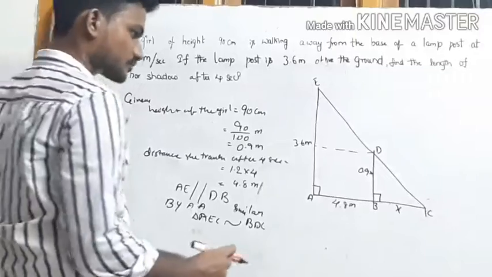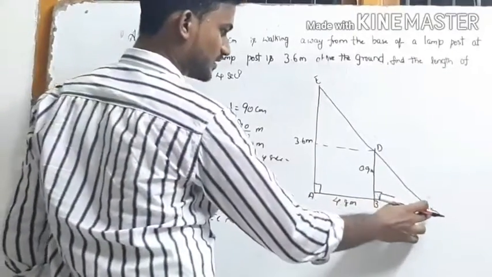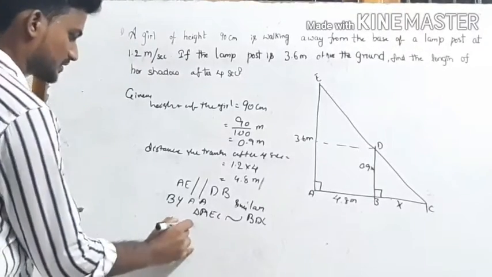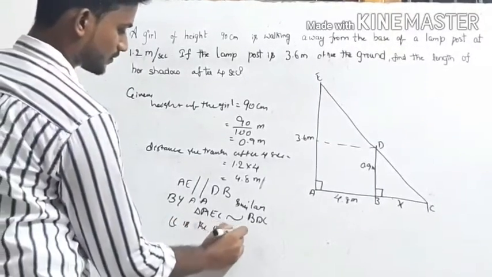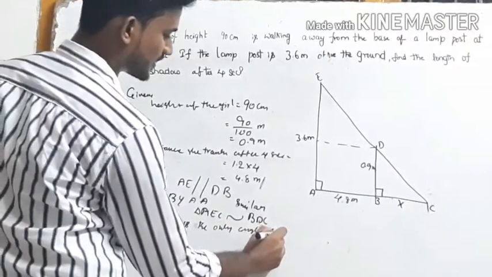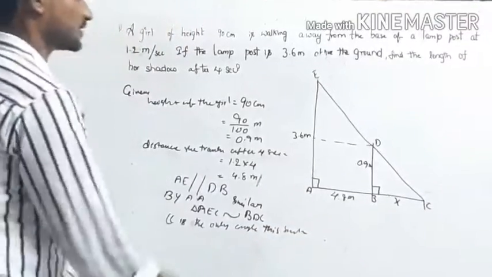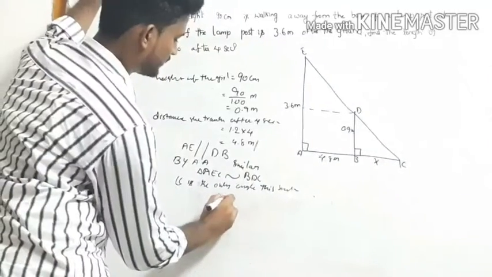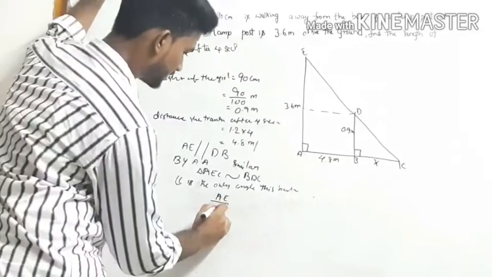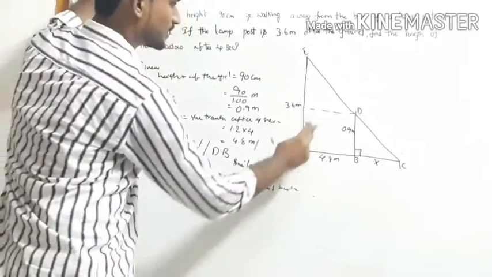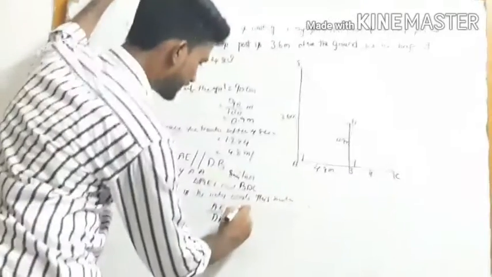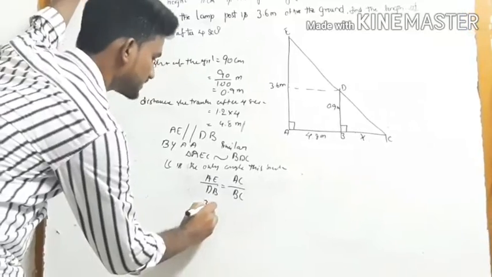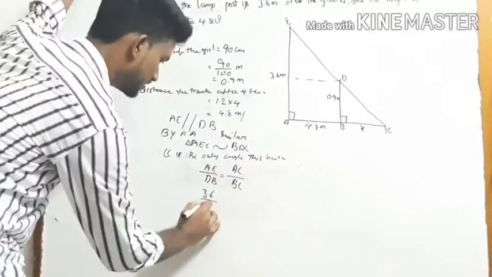From this one, C is the only angle. This is a similar angle for the two triangles. So we can take AE by DB equals AC by BC. Here AE is 3.6 meters and DB is 0.9.